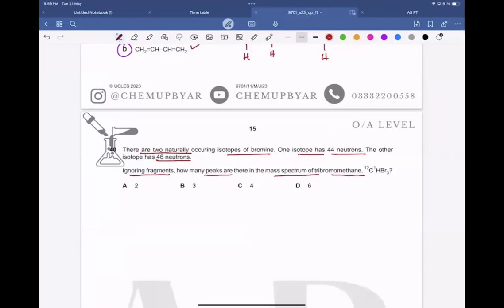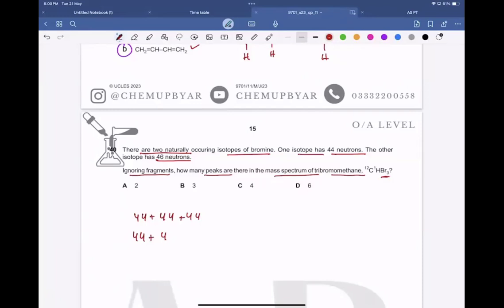Okay, just add them. 44, 44, and 44. One possibility. Second possibility is 44, 44, 46. Just add them and tell me the values in the sequence.